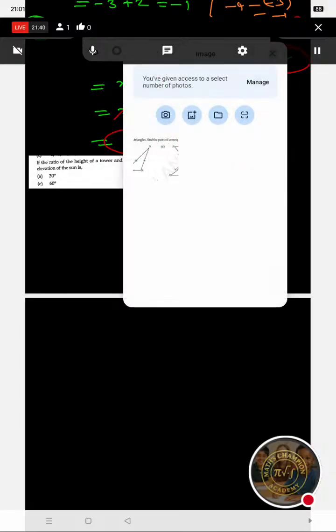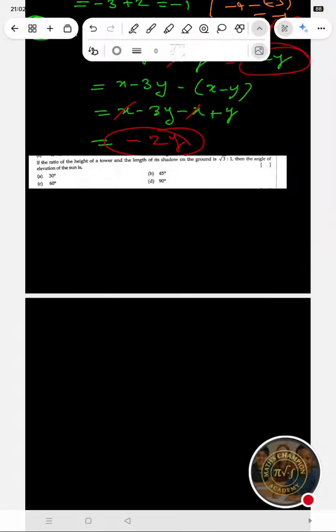So what is the ratio here? The ratio of the height of the tower to the length of the shadow is given as root 3 is to 1.